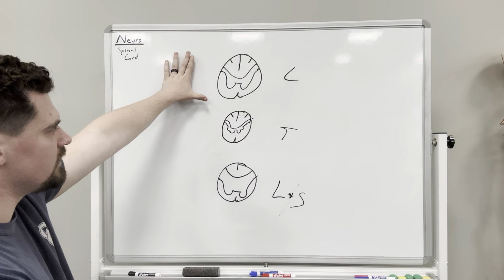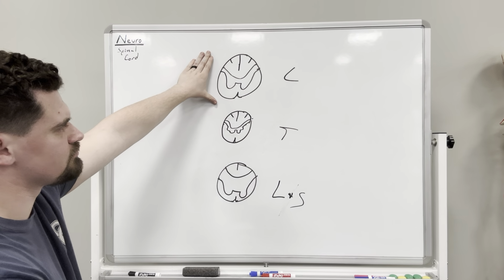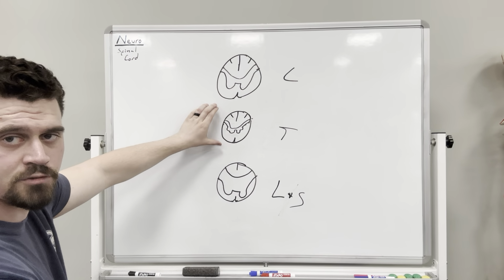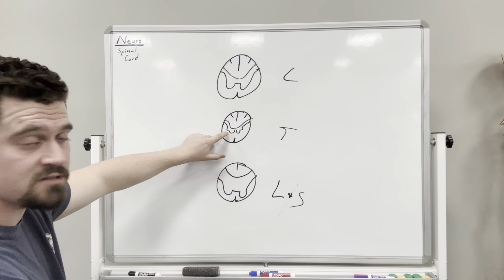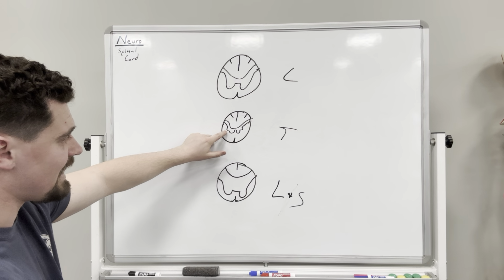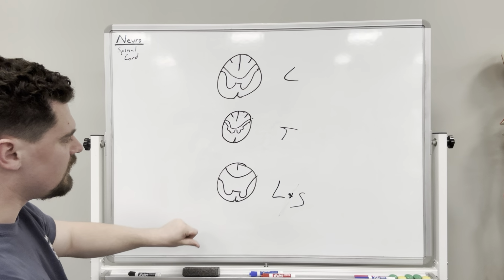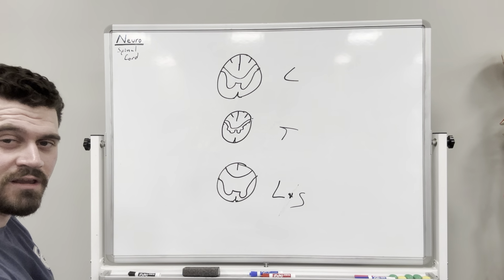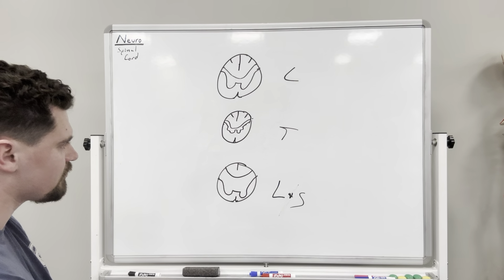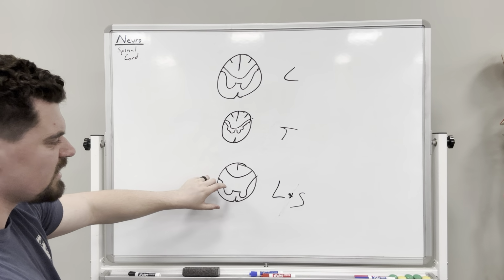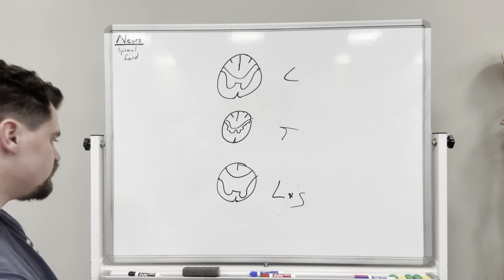So if the white and gray matter look roughly 50-50, you're probably looking at cervical. If the gray matter is super, super small, and you also notice a little lateral gray horn, that's the thoracic. The other ones don't really have that unless they're getting close to the thoracic. And then in the lumbar, the gray matter will be huge.